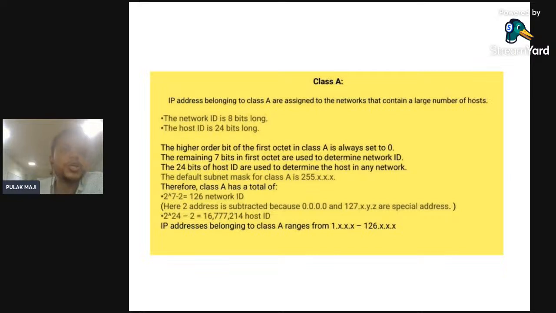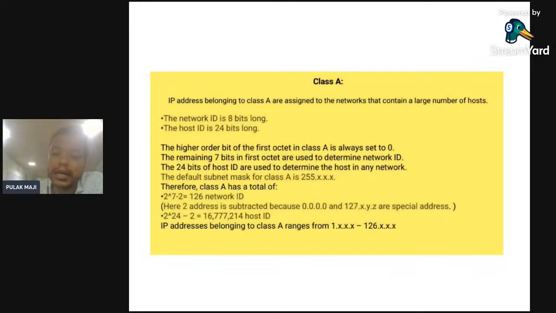Then the next question will come: how many bits are reserved for the host ID? In total, how many bits does an IP address have? 32 bits. How many bits are reserved for the network ID? Obviously 28 bits. Then how many bits are there for the host ID?